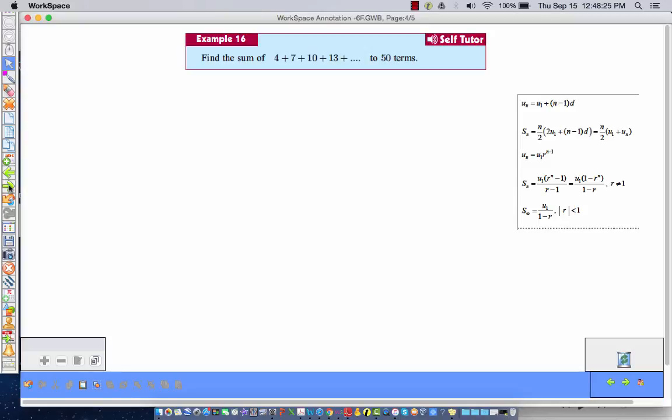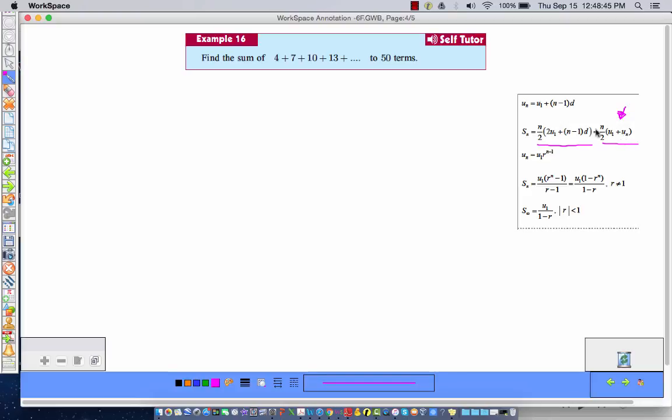So I can find the sum of this series right here, which is arithmetic because the common difference is 3. And I have two choices. I can use this formula or I can use this formula. Clearly this is the easiest one, but I have to know the first term and the last term.